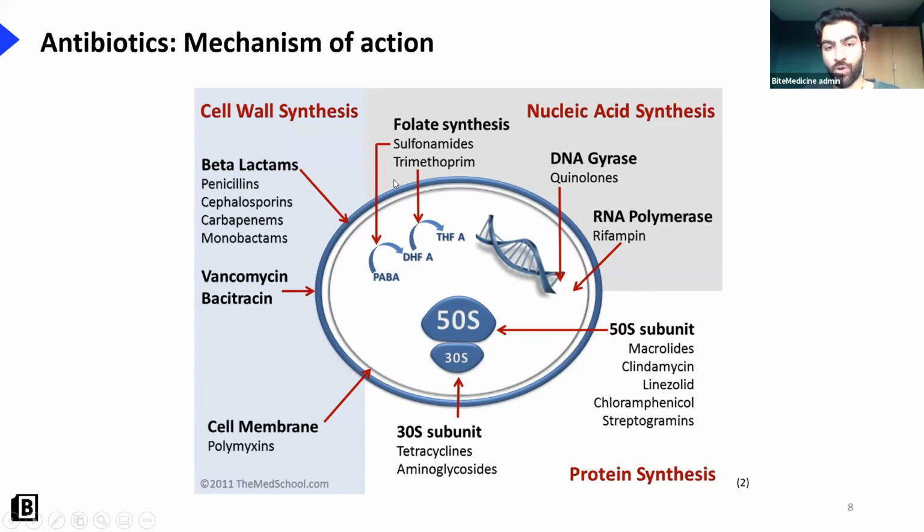So those which block folate synthesis, remember folic acid or folate, they're the same thing, really important for DNA synthesis, trimethoprim and sulfonamides. Okay, DNA gyrase, which is an enzyme used in DNA formation, is blocked by fluoroquinolones, and RNA polymerase is blocked by rifampicin, also known as rifampin.